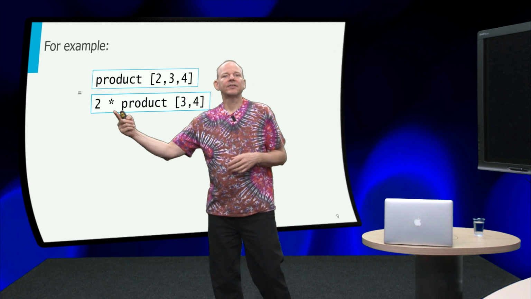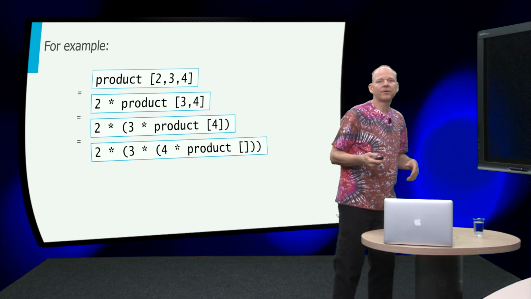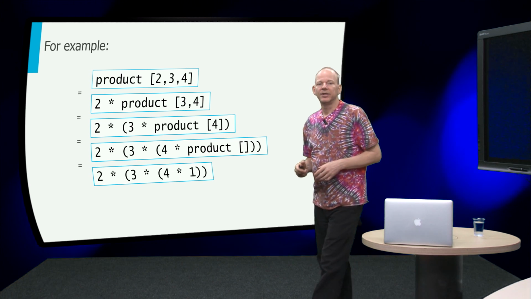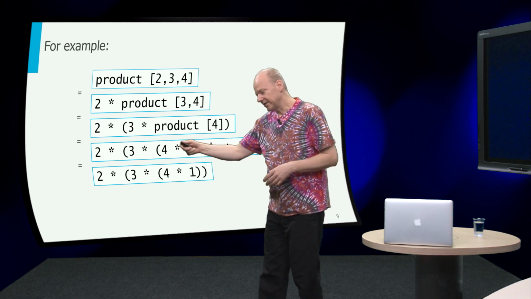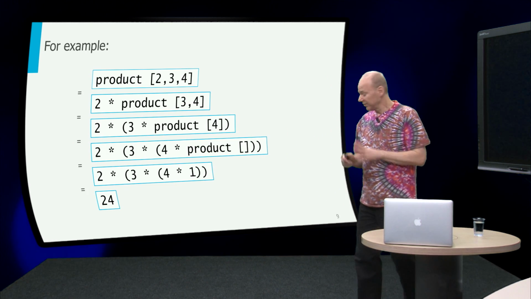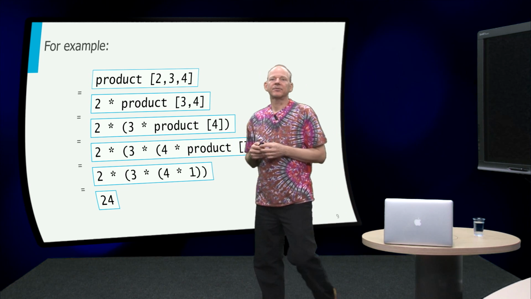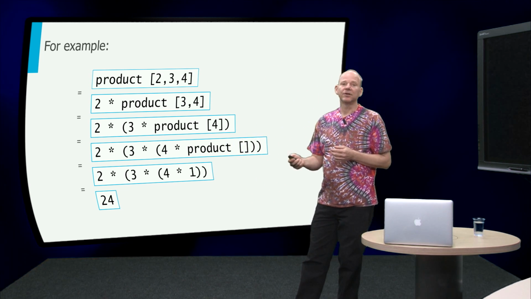If we unfold that a couple of times, you get 2 times product of 3, 4. We do that a couple of times until we arrive at the base case, and then we pop the stack to get 24. So you see that the answer is exactly the same as the recursive definition of factorial.